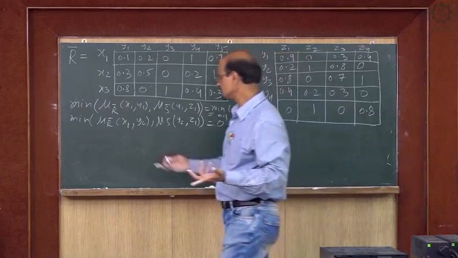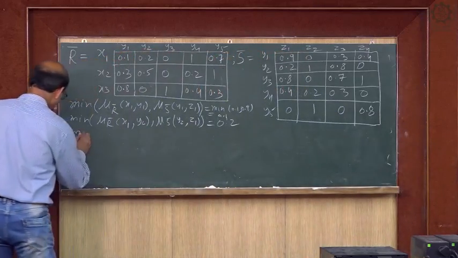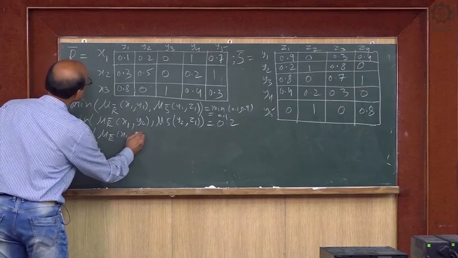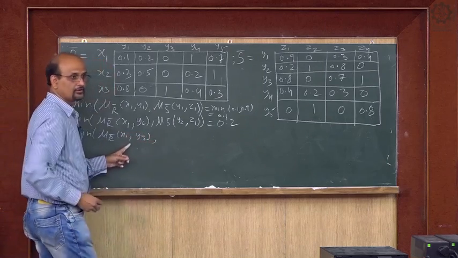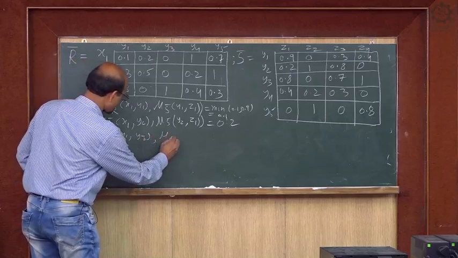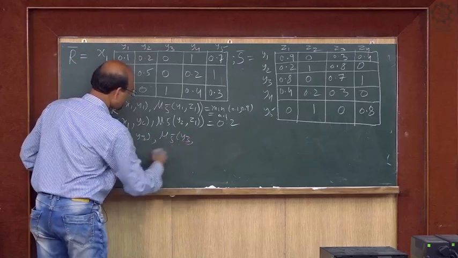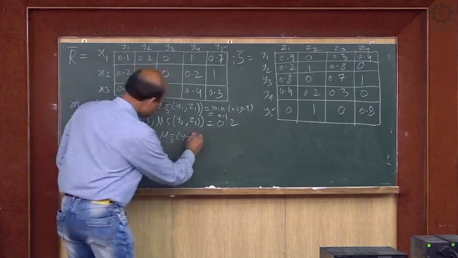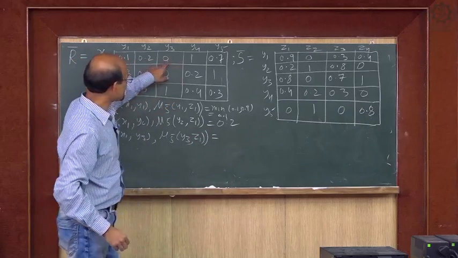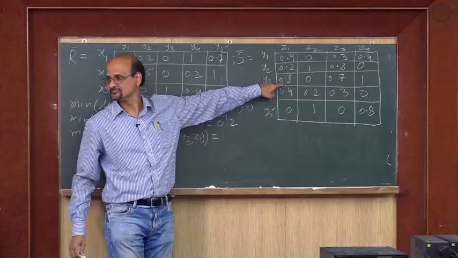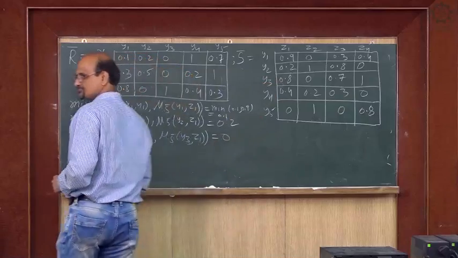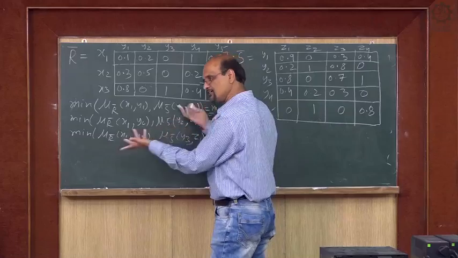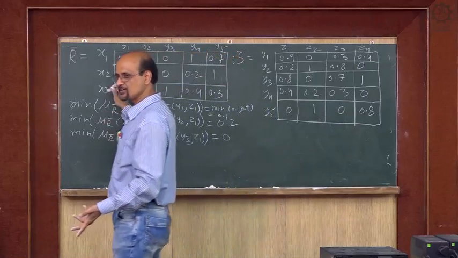Is it okay? So this way you can write all. Minimum of mu r bar x1 y3 and mu s bar y3 z1. So that means 0 and 0.8. So it is 0. Looks very simple, okay, but while calculating you may make mistakes, so be careful.